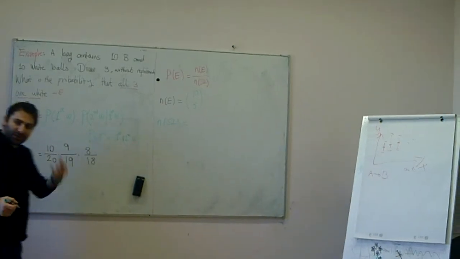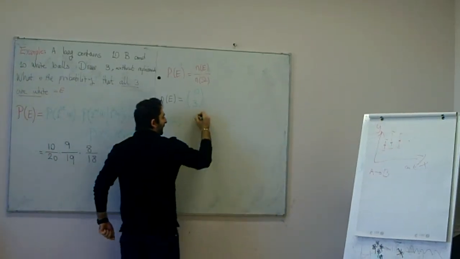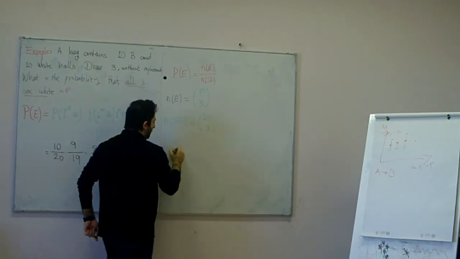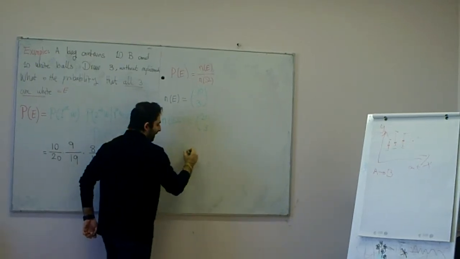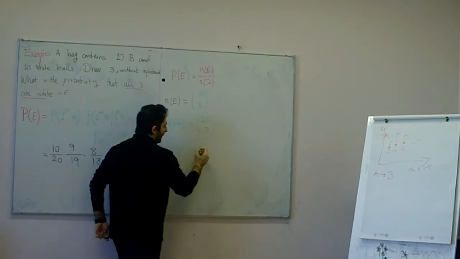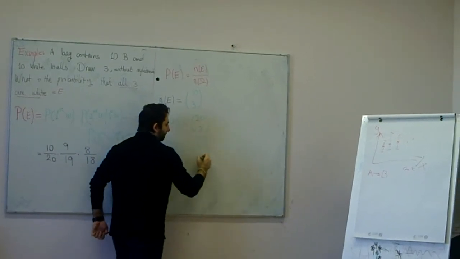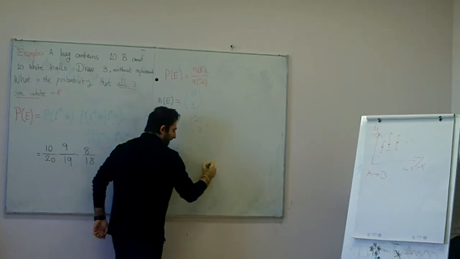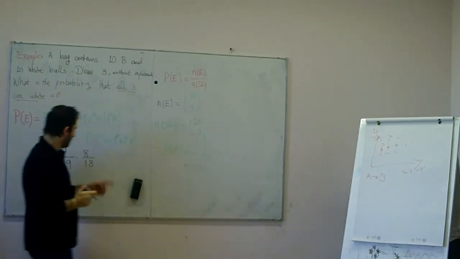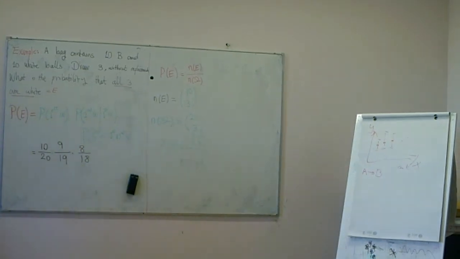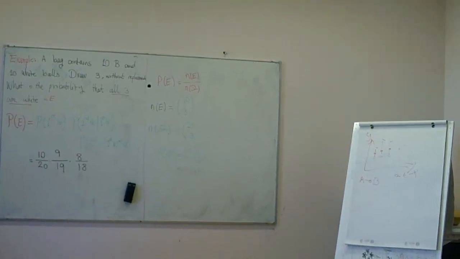Because we are picking up 3, the combination of the 20 balls when we are picking up 3. So the probability is this. And you will see that these two numbers are the same.